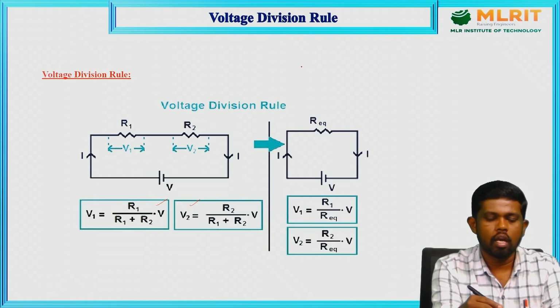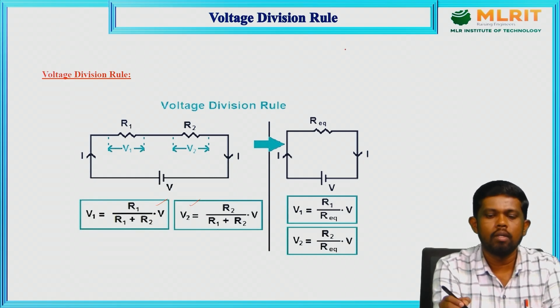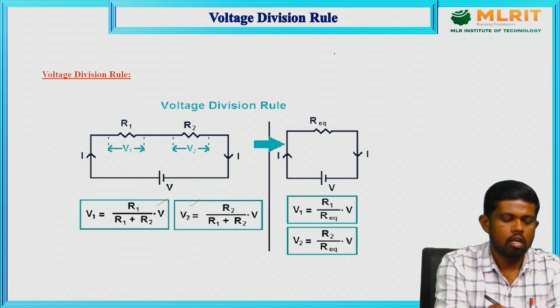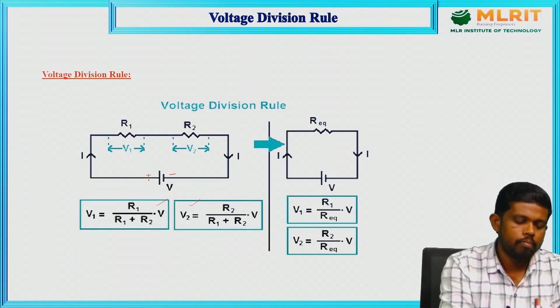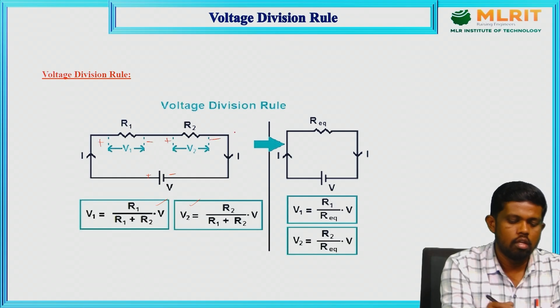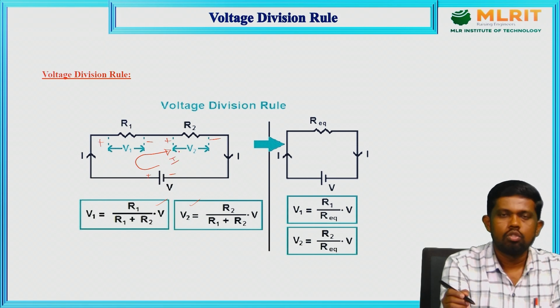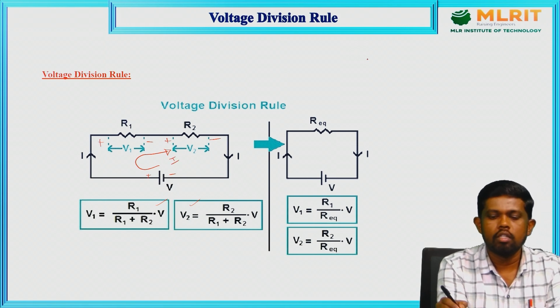Then apply KVL to the circuit to get the loop equation. The polarities are minus to plus for the source, and plus to minus across each resistor. The current circulating in the loop is I. So the loop equation is minus V plus V1 plus V2 equals 0.